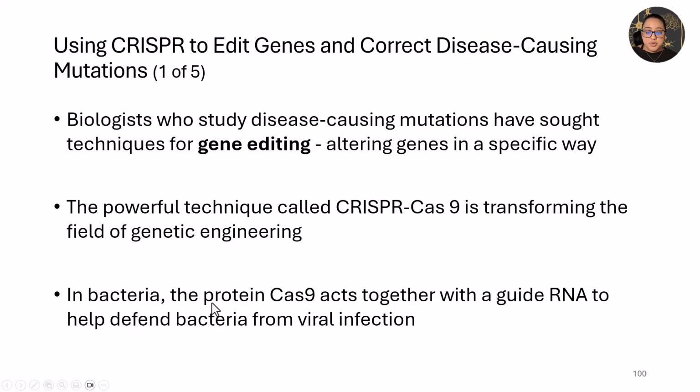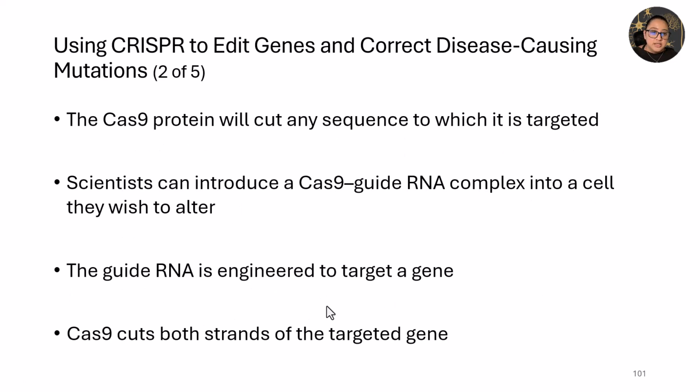So there's a protein called Cas9 that cuts nucleic acids, and then there's a guide RNA that helps that protein recognize things. The Cas9 protein will cut any sequence to which it is targeted.